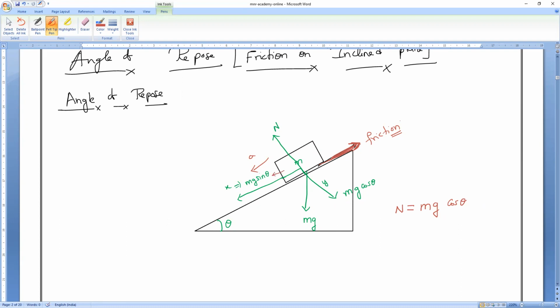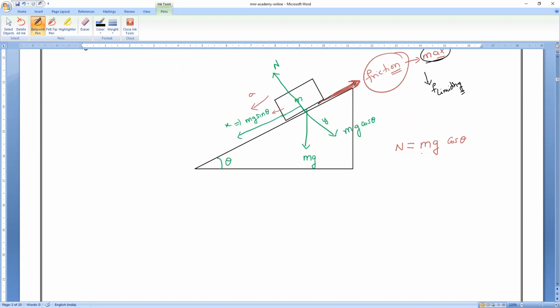By that time the friction must be such that it is ready to fall, but it is not falling. That we call maximum friction, which is limiting friction. The body is ready to fall, but it is not falling.